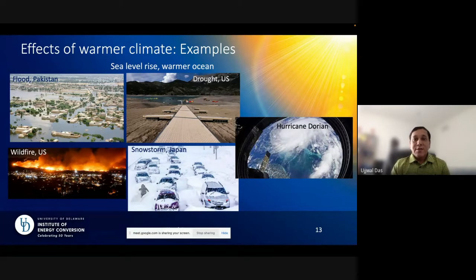Last year we have seen biggest snowstorm in Japan, and a couple of years ago we have also seen a mega hurricane Dorian, which was the biggest hurricane that we have ever noticed or encountered. So all of these phenomena we believe is related to the warmer climate.